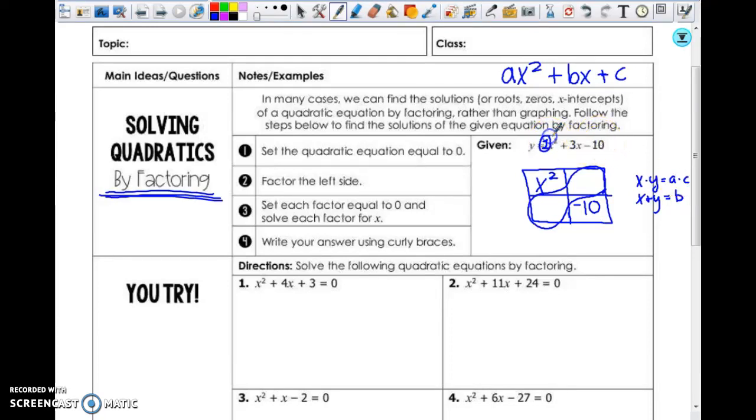So my a is 1, my c is negative 10. If I multiply that, 1 times negative 10, I should have negative 10. So my a times my c here is negative 10, and then the b is the 3.